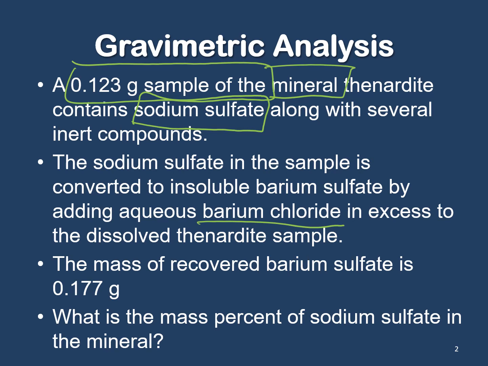And so we add barium chloride in excess until all of the sodium sulfate has reacted. Once we do that, we filter it, dry it, collect the barium sulfate we form, and measure the mass. And we get 0.177 grams of barium sulfate is present and recovered. And we want to know what the mass percent of sodium sulfate is in the mineral. So let's break this down, right?